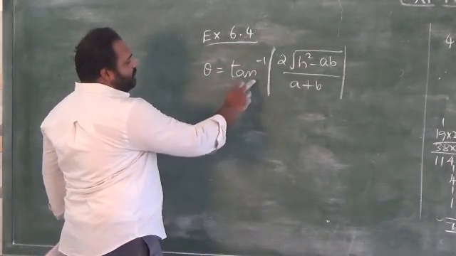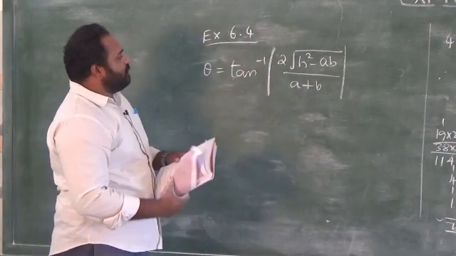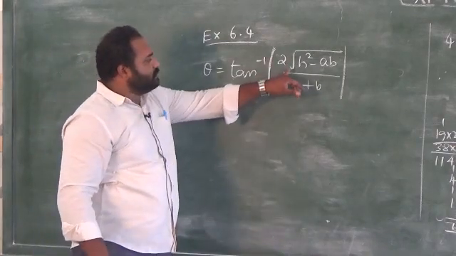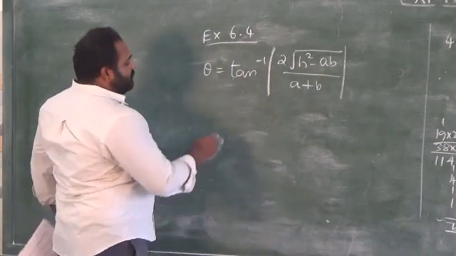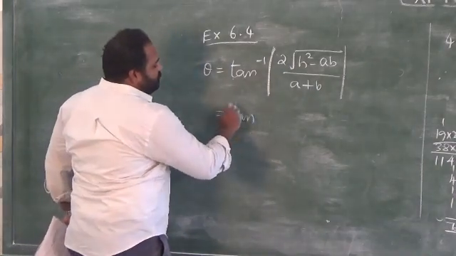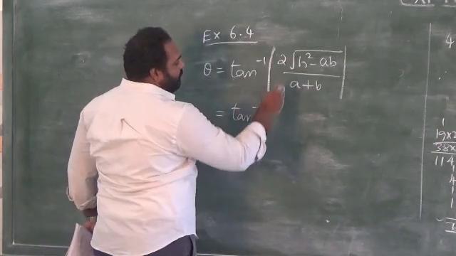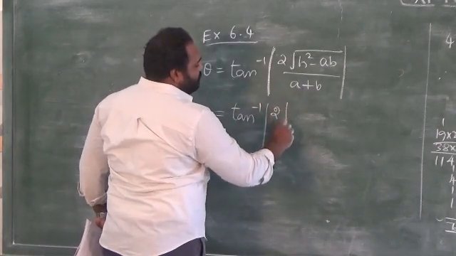So the second proof is tan inverse modulus 2 root of h square minus AB by A plus B. Here I am going to substitute the values.